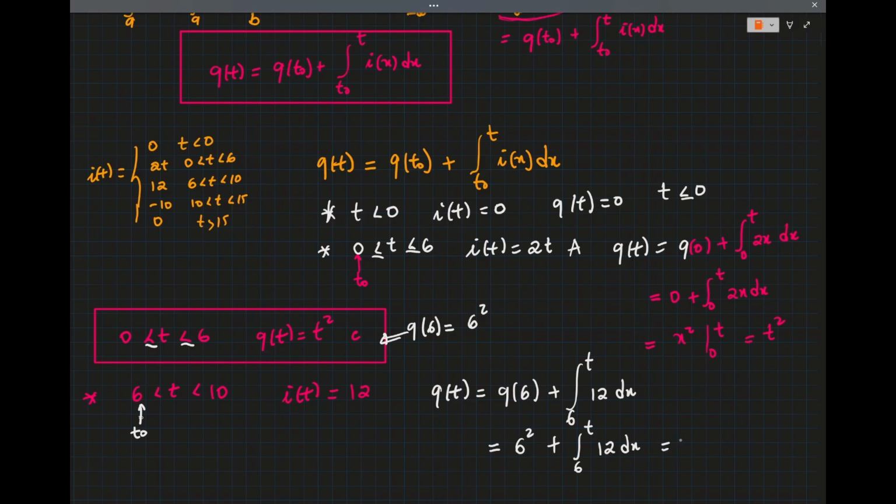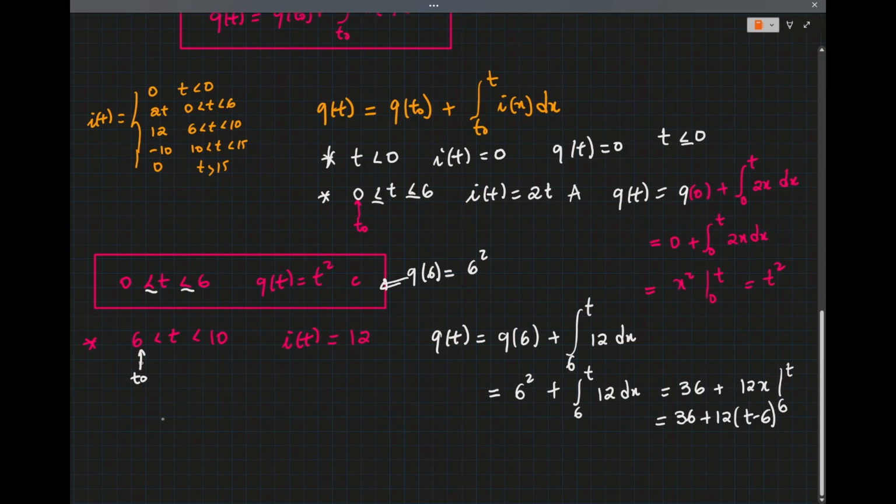So that gives me 36 plus 12x, right? Taken between 6 and t. Okay, so that gives me 36 plus 12 times (t minus 6).